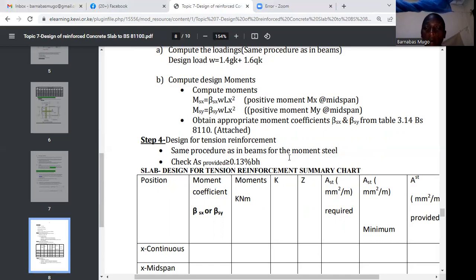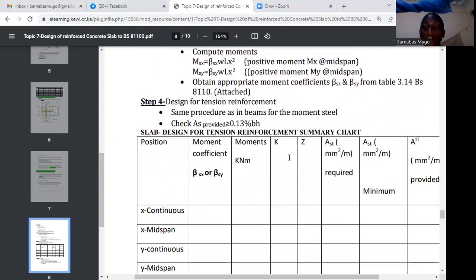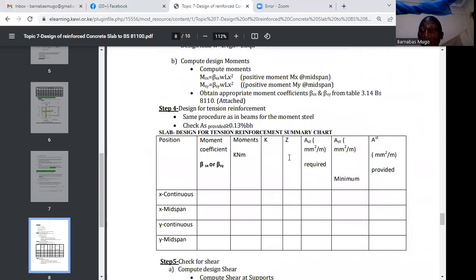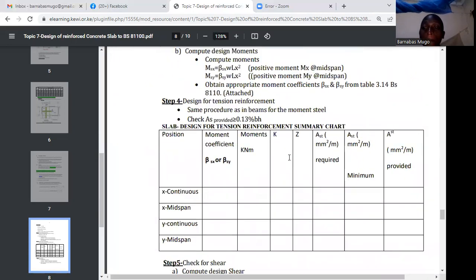What we are doing is filling in this table. The first column is for the position, whereby you have X continuous and X midspan, Y continuous and Y midspan. I am going to show you tomorrow or during our face-to-face class.